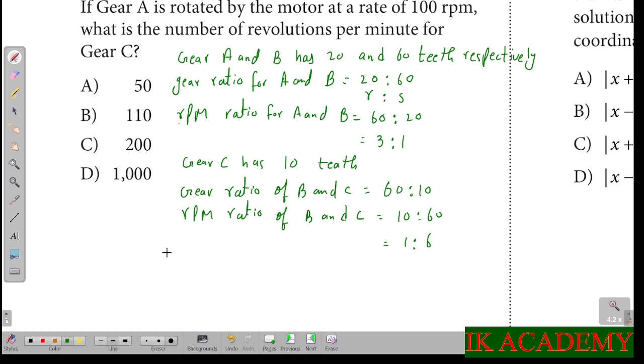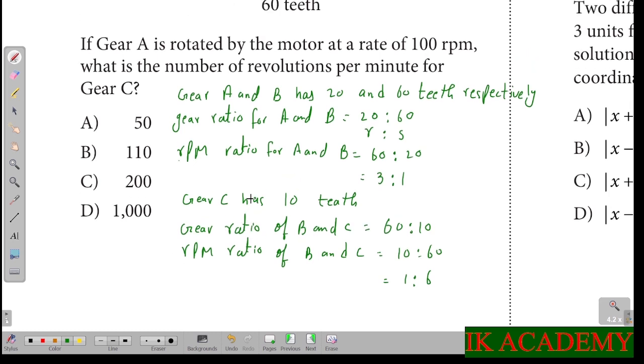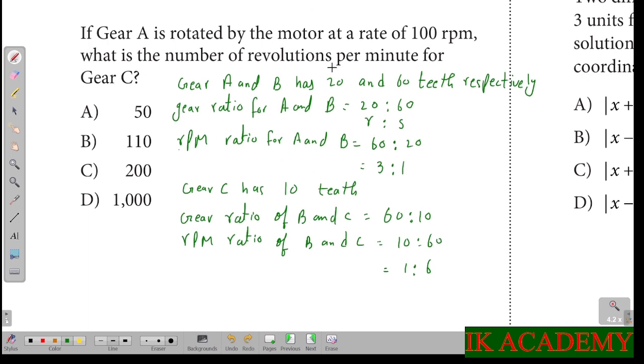If gear A is rotated by the motor at a rate of 100 RPM, what is the number of revolutions per minute for gear C?